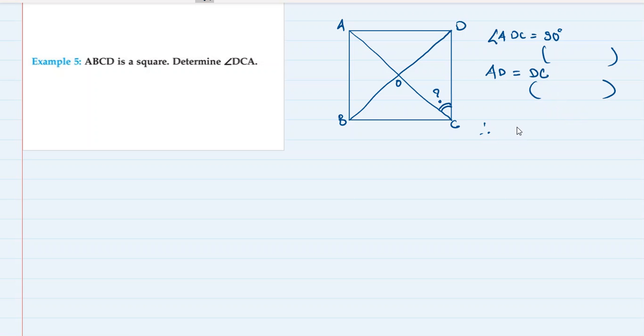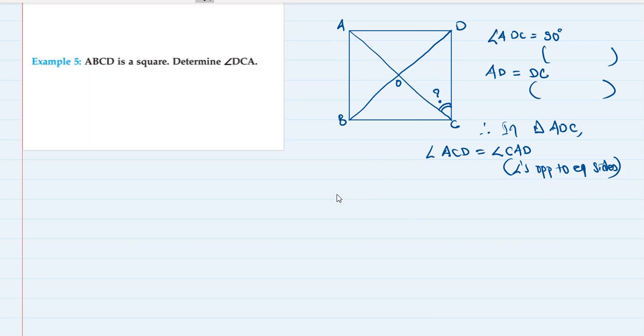Therefore we can say that in triangle ADC, angle ACD is equal to angle CAD, angles opposite to equal sides.